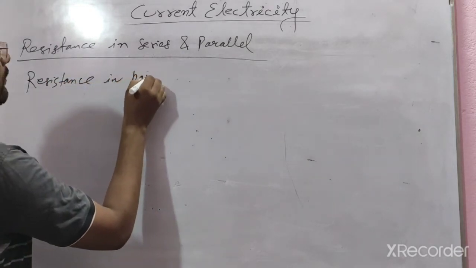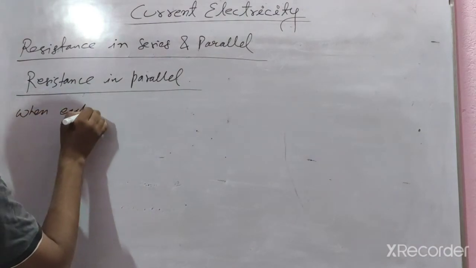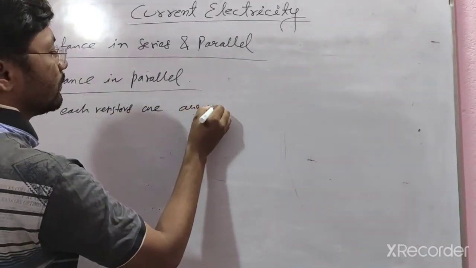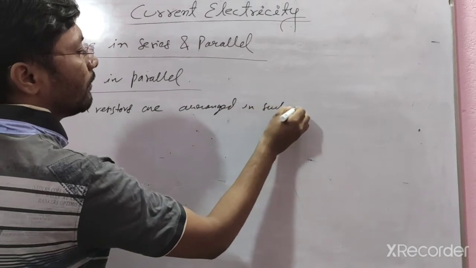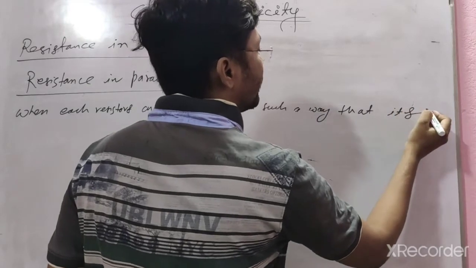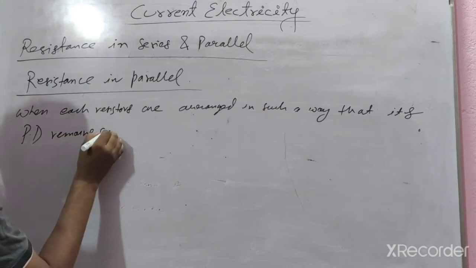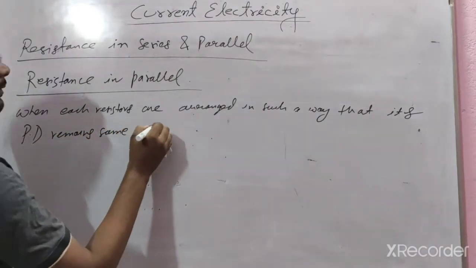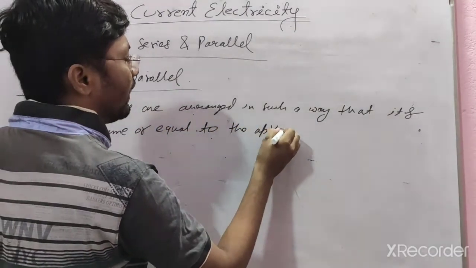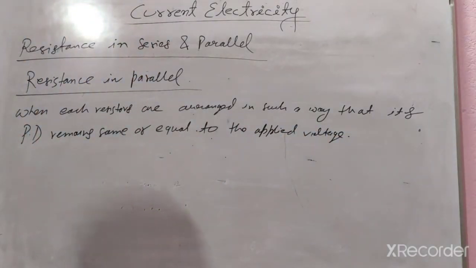When resistors are arranged in such a way that the potential difference remains the same, equal to the applied voltage, then we can say that the resistances are connected in parallel.